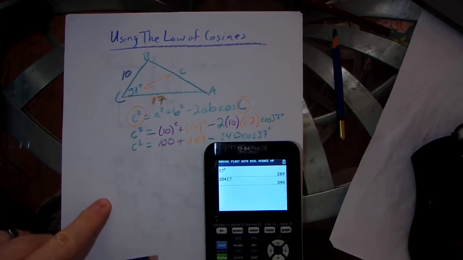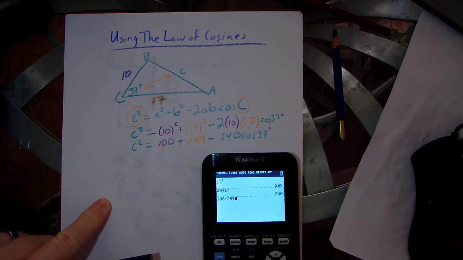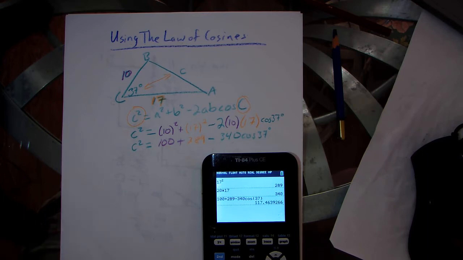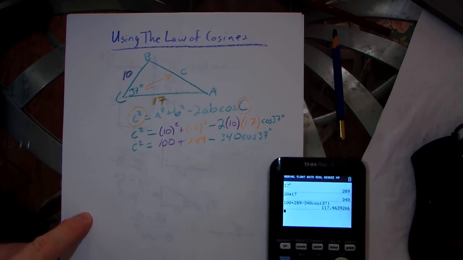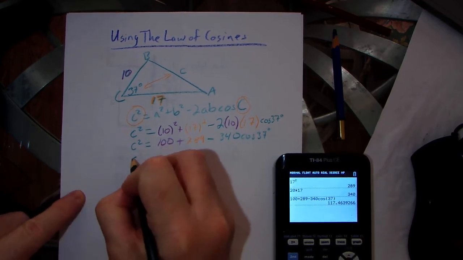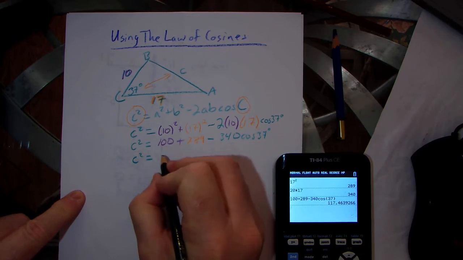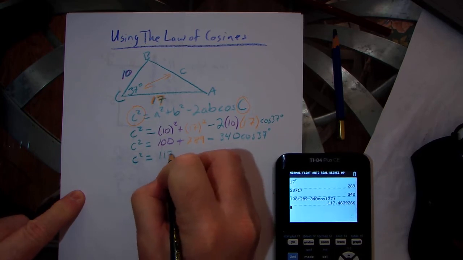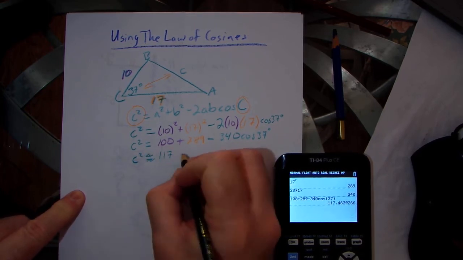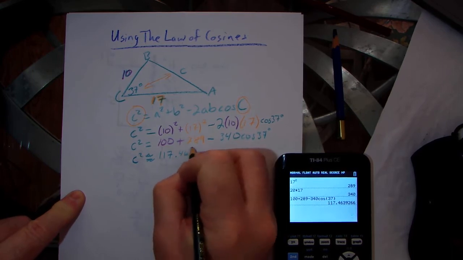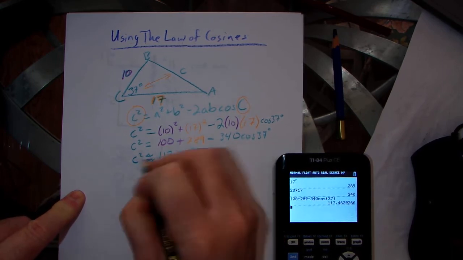So now 100 plus 289 minus 340 cosine of 37 gives me 117.4639266. That's what c squared equals. So c squared is approximately equal to, because we decimalized that, 117.639266.